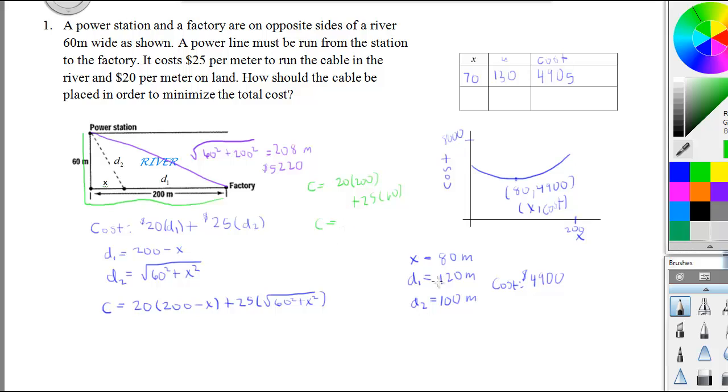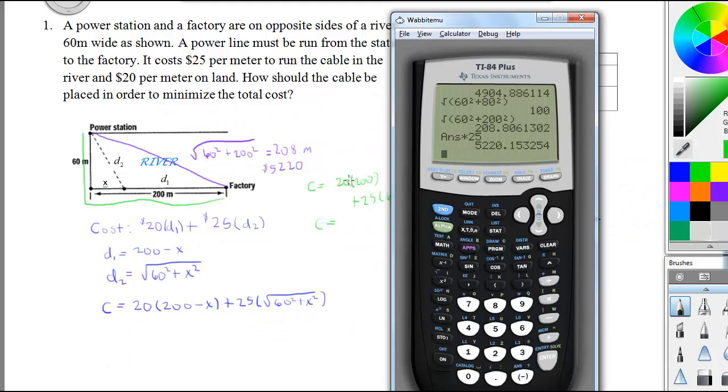And on this, the total distance is 220 meters. So 260 meters is definitely further, but you get to lay more of the cable at $20 instead of $25. So 20 times 200 plus 25 times 60 gives me $5,500.